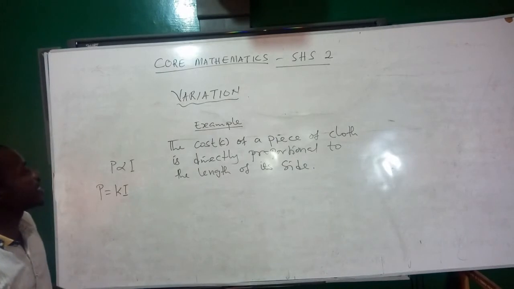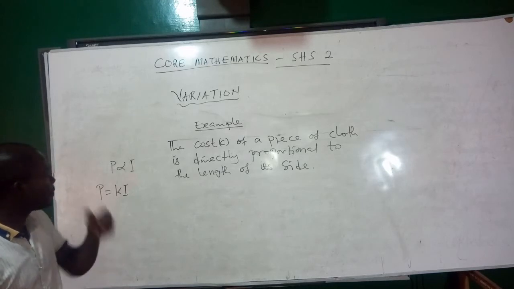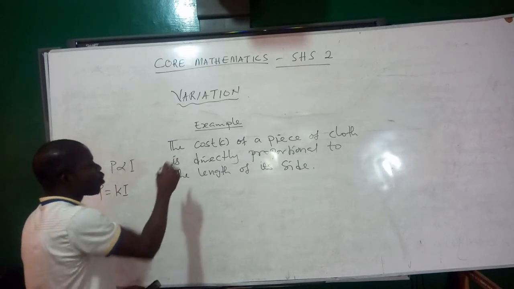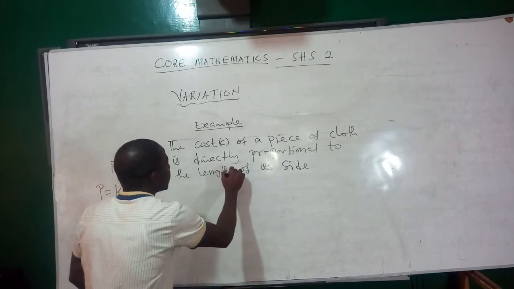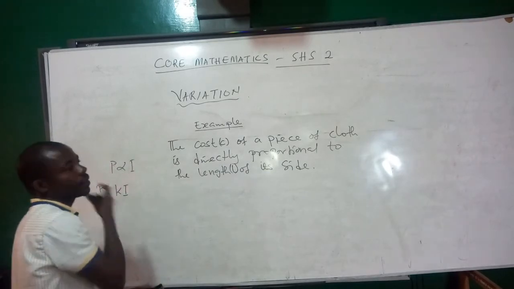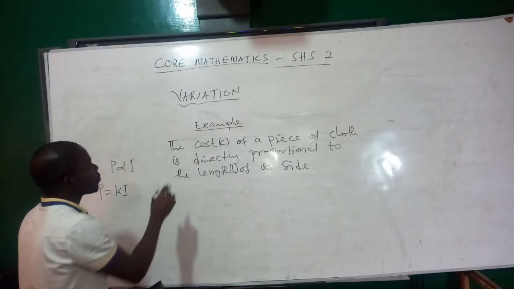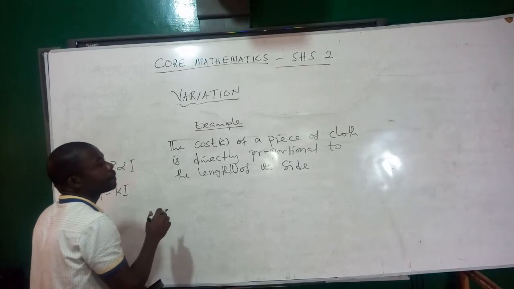The cost C of a piece of cloth is directly proportional to the length of its side. And we wrote this as, the length we use L. So now let's write the statement mathematically.